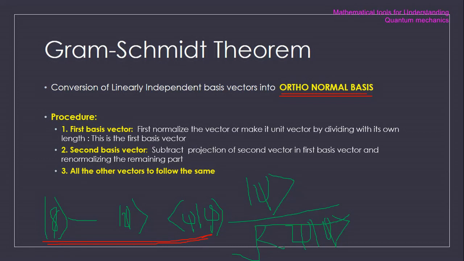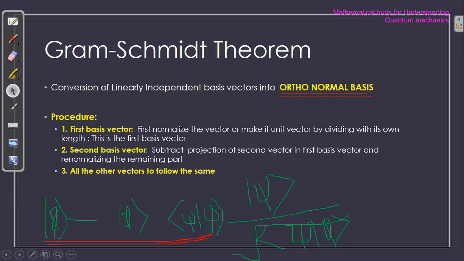We'll see a problem, then we can understand clearly how to form an orthonormal basis from a linearly independent basis. So the Gram-Schmidt theorem tells us how to form an orthonormal basis.